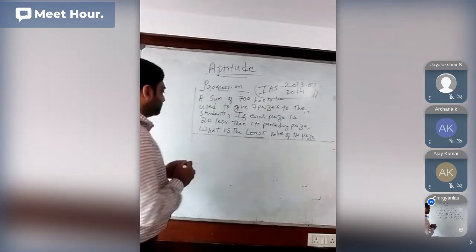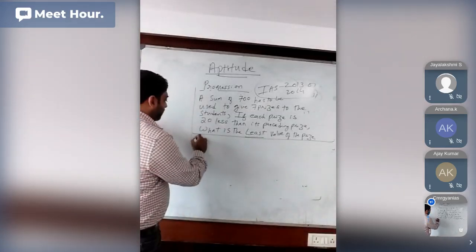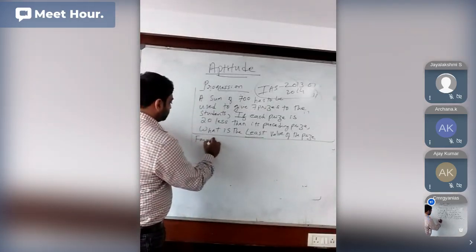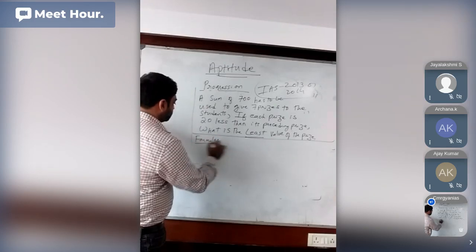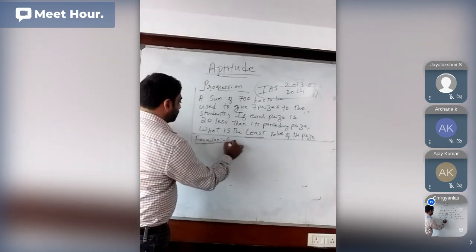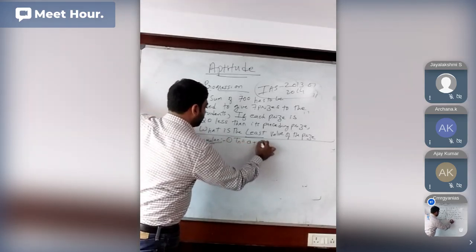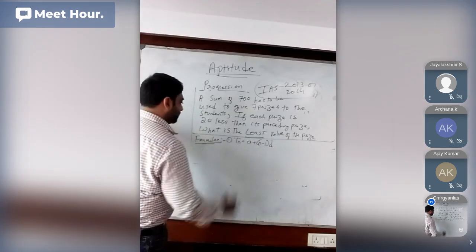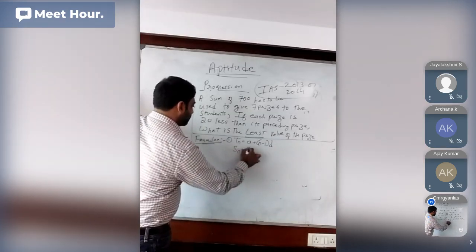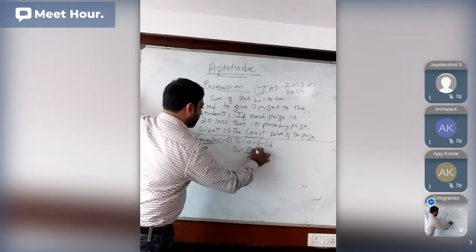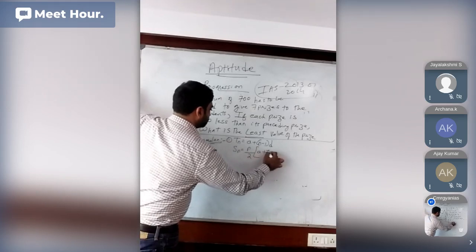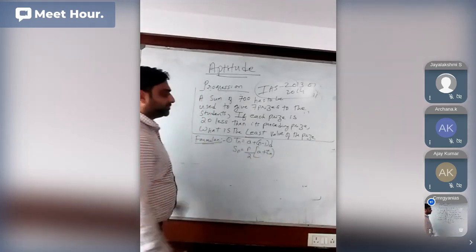So now again, write down the formulas. What are the formulas? We have two formulas. One is Tn is equal to a plus n minus 1 into d. Another one is S of n is equal to n by 2 into a plus tn.